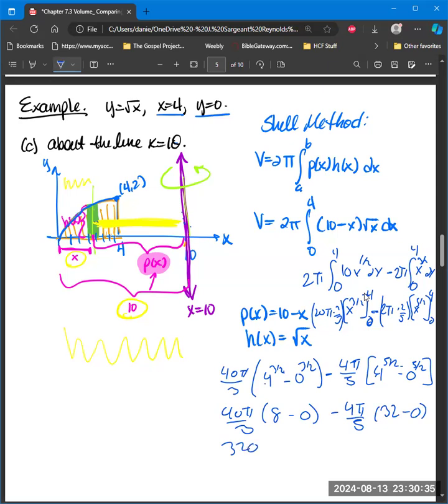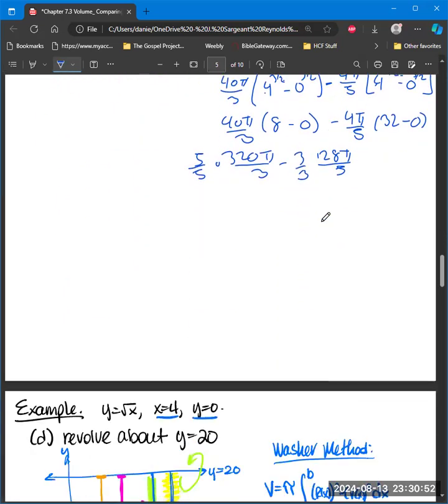So this is 320 pi over 3 minus 128 pi over 5. Multiply by 5 over 5 and 3 over 3 to make a common denominator.